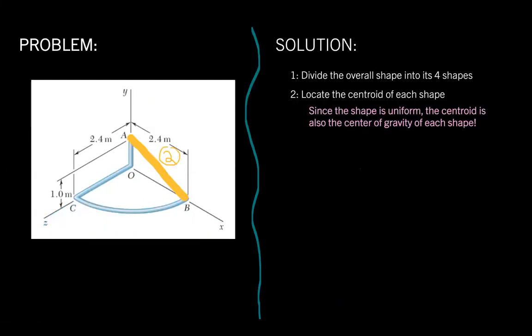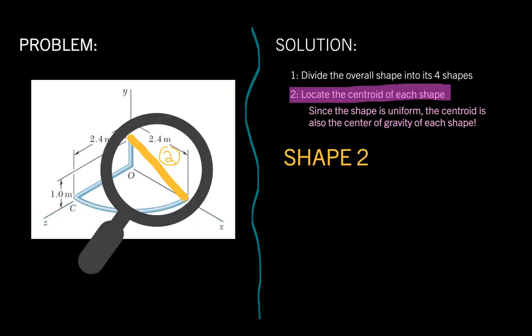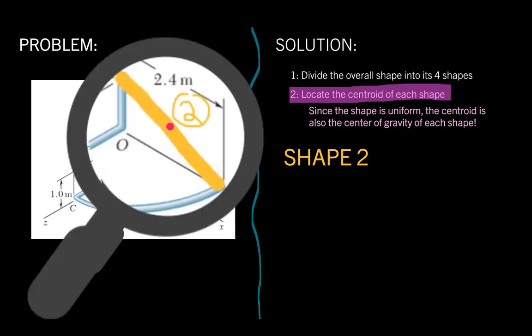For shape 2, we locate its centroid. We magnify it because we need to. The centroid is approximately located at the half length of the diagonal. That corresponds to 1.2 meters. So x2 bar is equal to 1.2 meters, while y2 bar is equal to 0.5 meters.